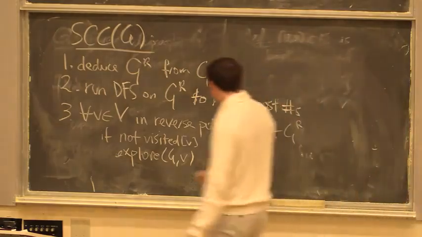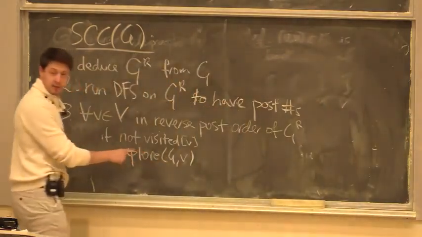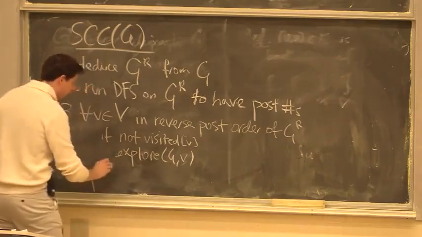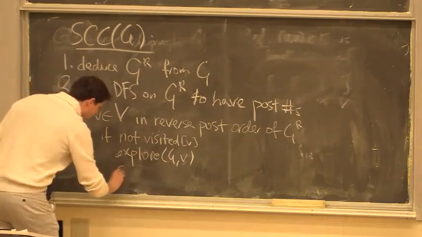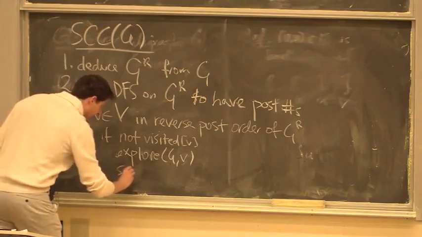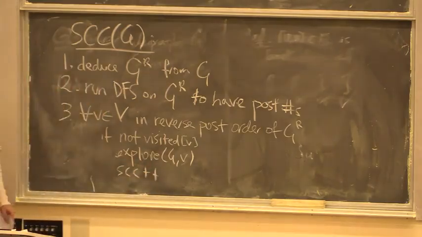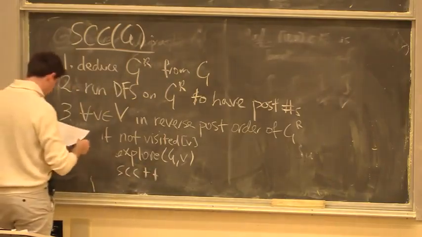Notice that explore is on G, not G to the R. Okay? And then after I'm done exploring, I'm going to increase the global counter of which strongly connected component I'm in. Okay?